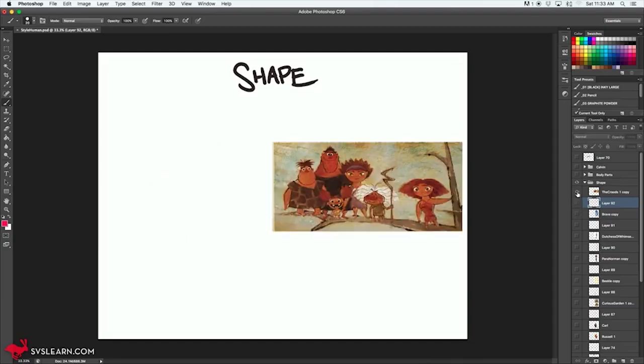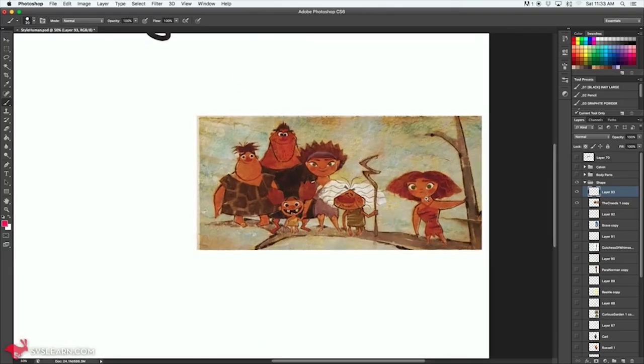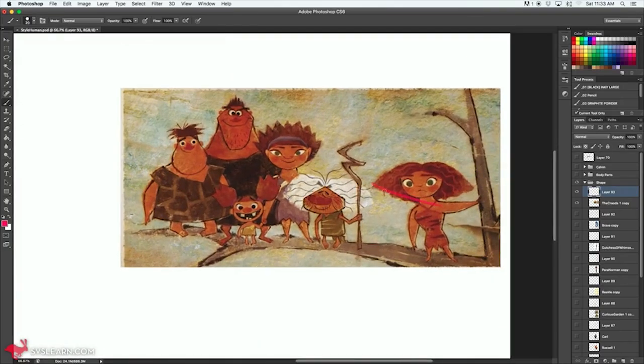So there's that. And then lastly, I really like this image from The Croods concept art. If you look at these basic shapes, I talked about it before. It's this sort of diamond shape, playing off of each other within these round pieces.